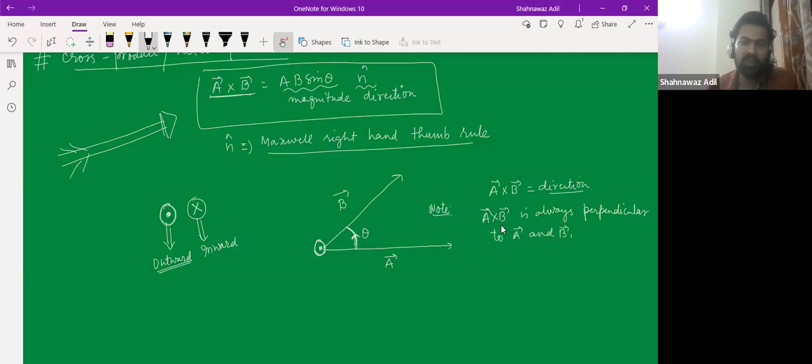Yes, sir. So this is how you find out the direction, and this direction is very important because the cross product is a vector product. So this was the idea of A cross B.